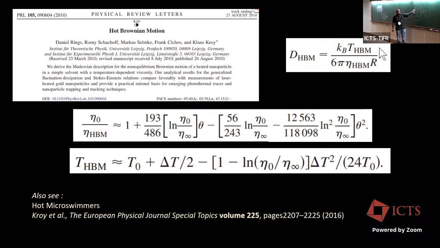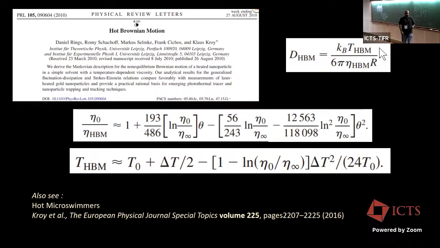Therefore, such dielectric colloids equilibrate much faster. Whereas if you now take these hot colloids, they are always at an elevated temperature compared to the bath. And if these colloids are in the Brownian regime, then the dynamics becomes very interesting.